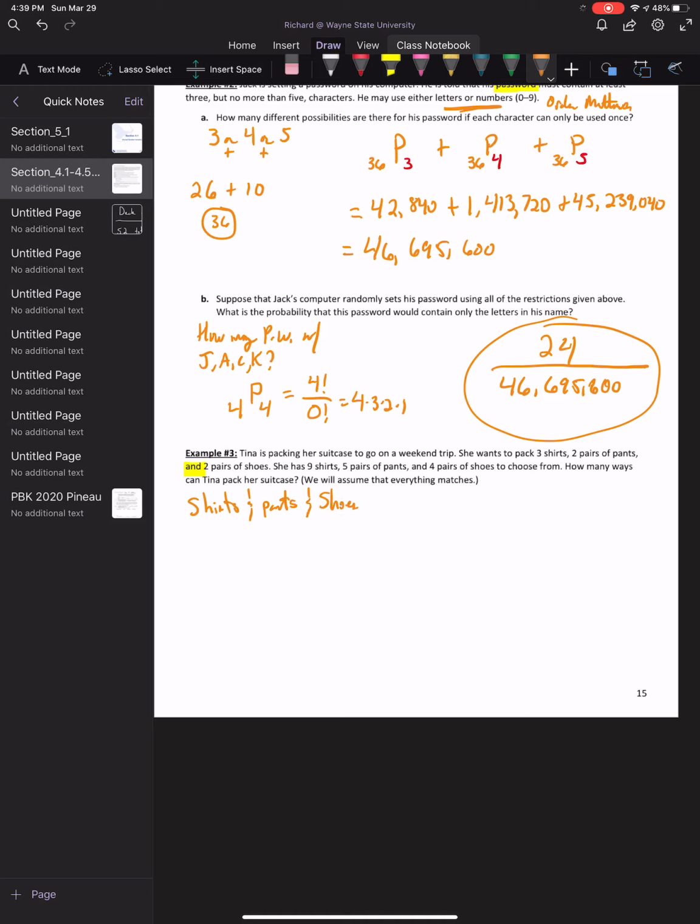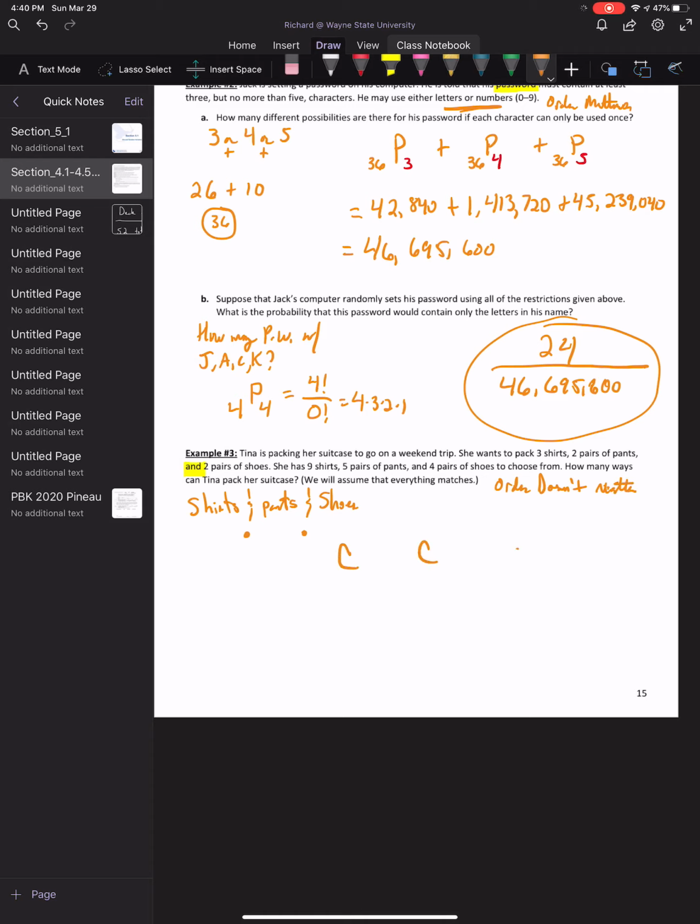Now in probability, what did you do when you had and? We multiplied. So I'm writing a little dot there. So I know I have to use multiplication. Now, does it matter the order in which she packs these things? The answer to that question is no. Order does not matter. So this means combinations.